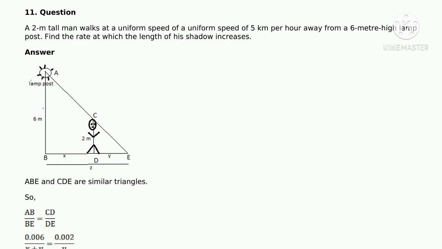So from these two triangles, two angles we get equal: angle B is equal to angle D and angle E is common.